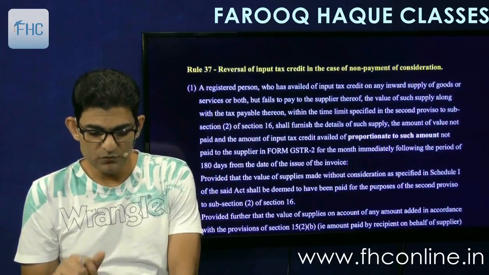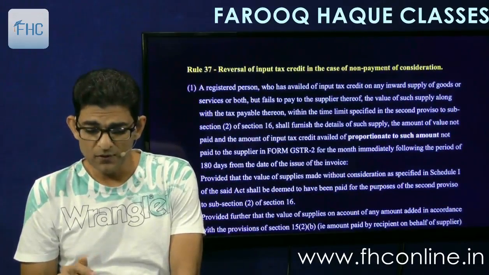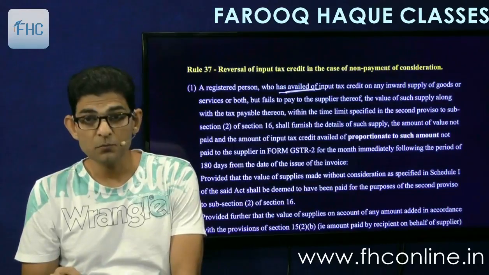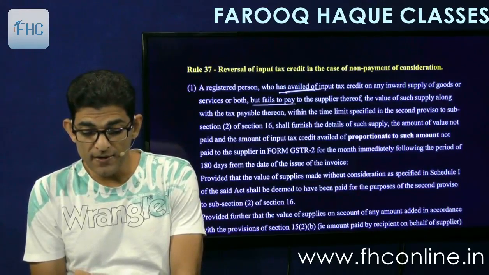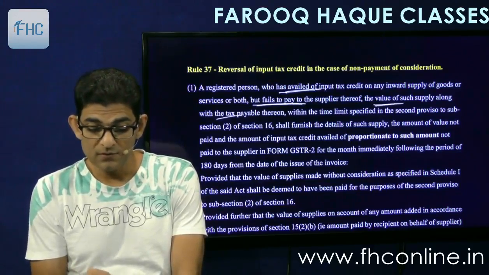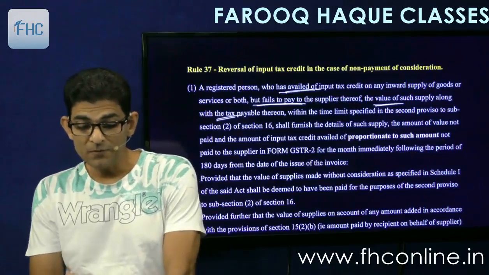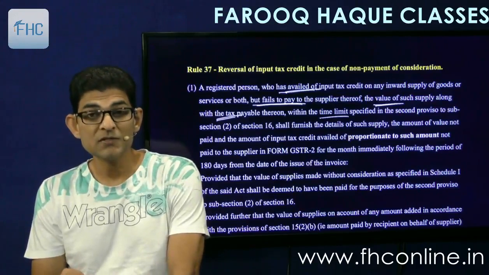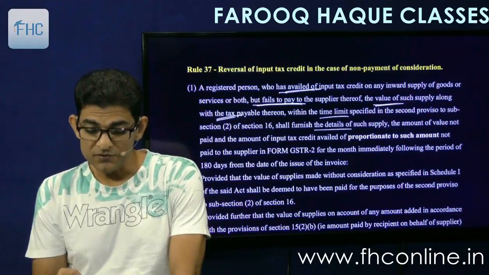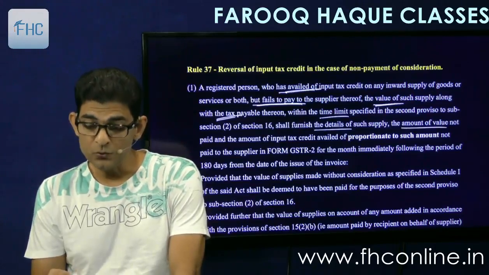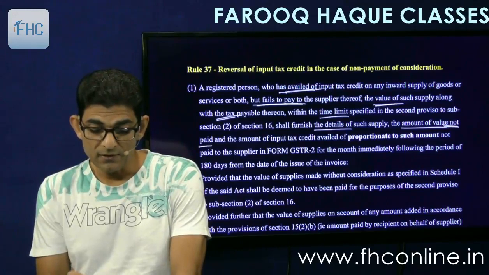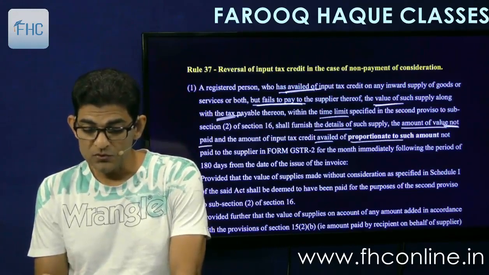and then there is rule 37 also. The registered person who has availed the input tax credit on any inward supply of goods or services or both, but fails to pay the supplier the value of such supply along with tax within the time limit specified in the second proviso to section 16 that we had seen, 180 days, shall furnish the details of such supply, the amount of value not paid, and the amount of input tax credit availed of proportionate to such amount.